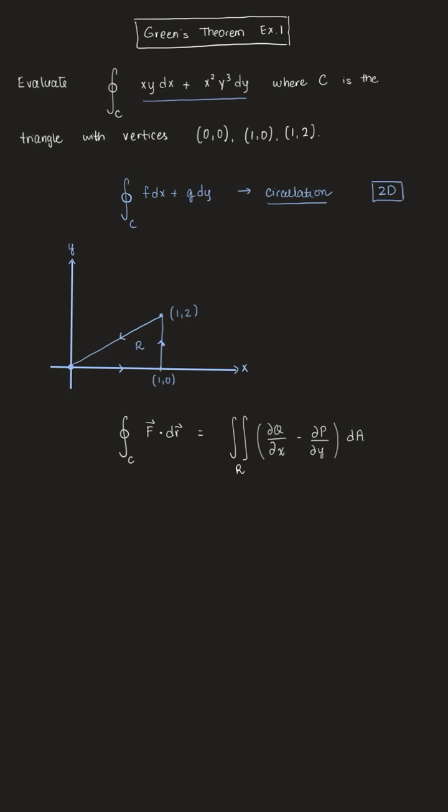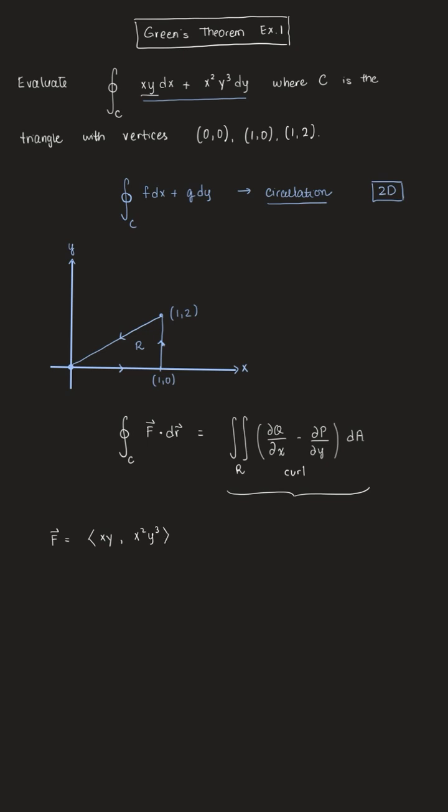Okay, so let's figure out how to set up our double integral. The first thing we want to do is find the curl. Notice in our statement of the problem, our vector field has components: xy is our first component, and our second component is x squared y cubed. I know this because of the way that our integral is written.